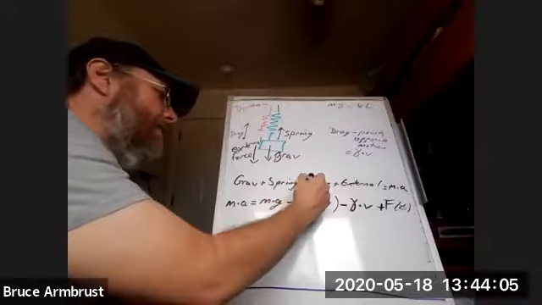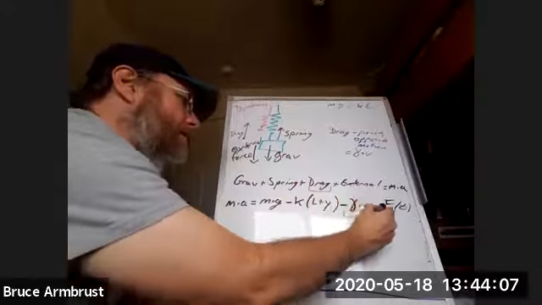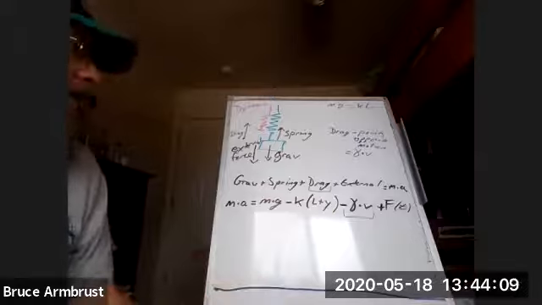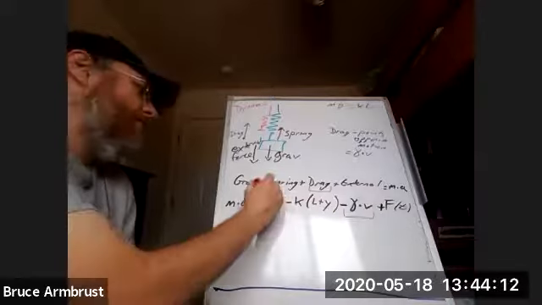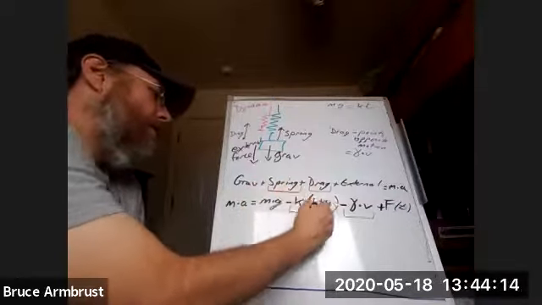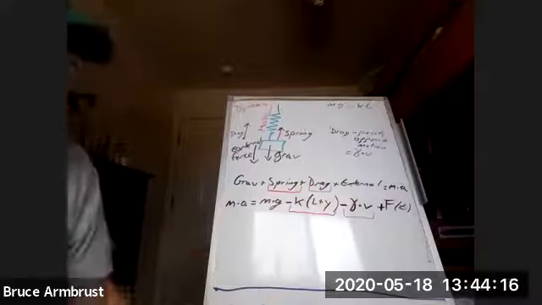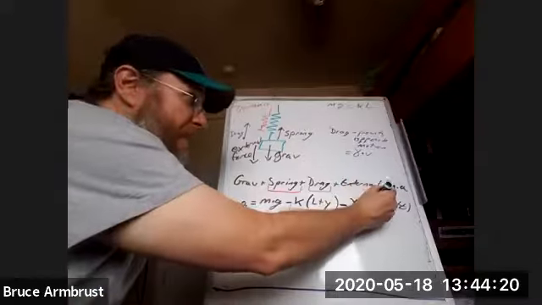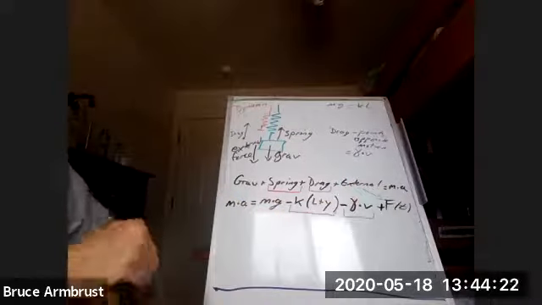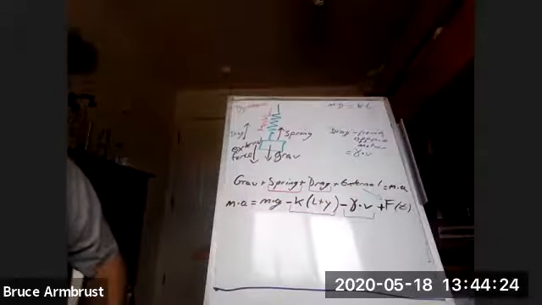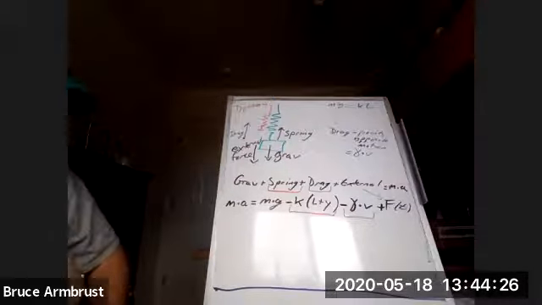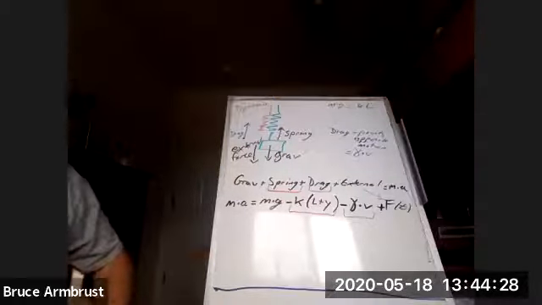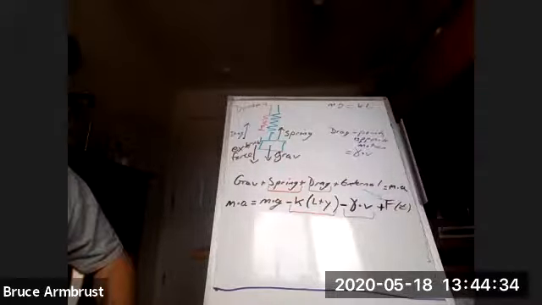Let me just highlight: the drag was the minus gamma times v, the spring force was the minus k times L plus y, and of course the external force, I just gave it a name, F. So this is what physics would say in terms of the force diagram and what has to appear.